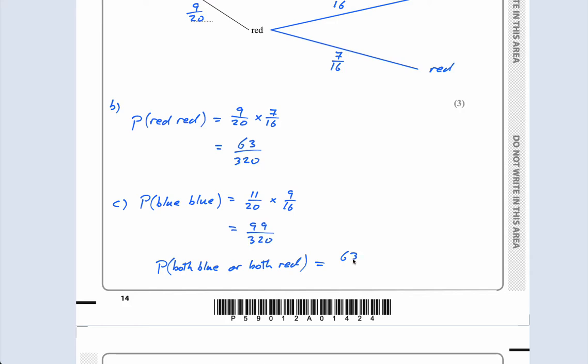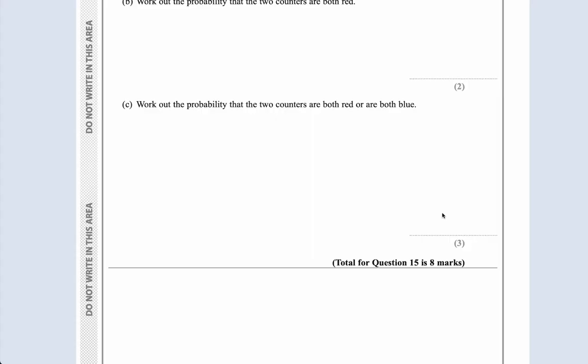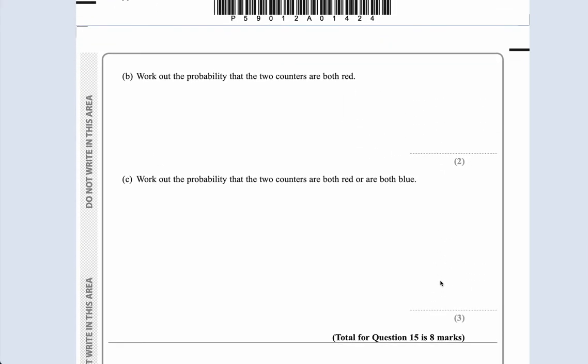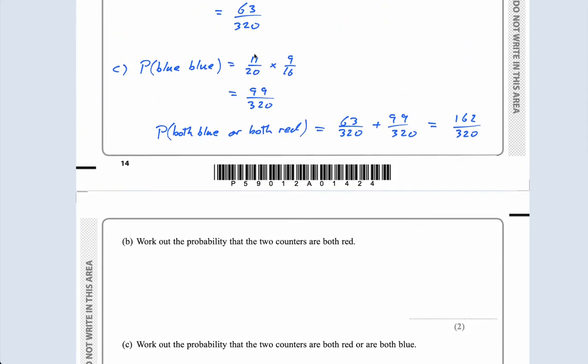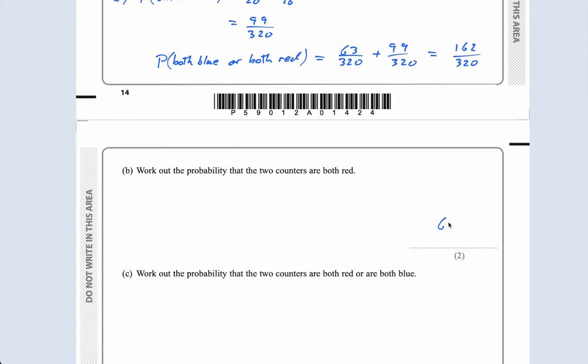So it's 63 over 320 plus 99 over 320, which gives me 162 over 320. I'll write this down here, guys. 162 over 320, and this one was 63 over 320.